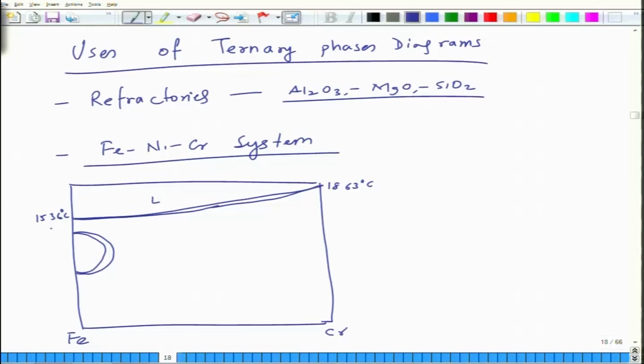This is 1394, this is at about 910 degrees centigrade for pure iron. So it squashes this region and forms a very broad region in between.